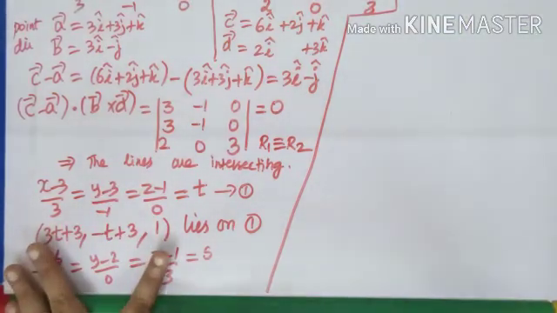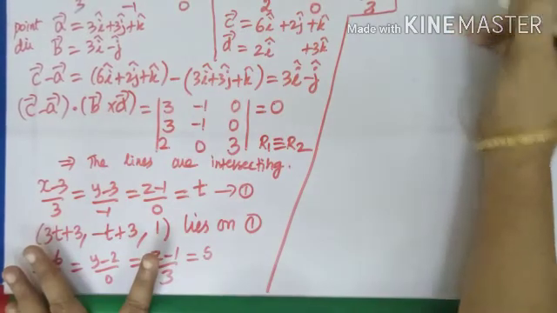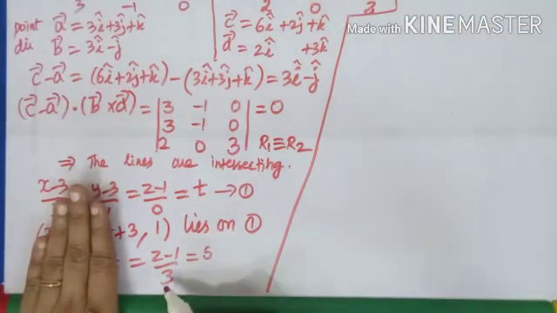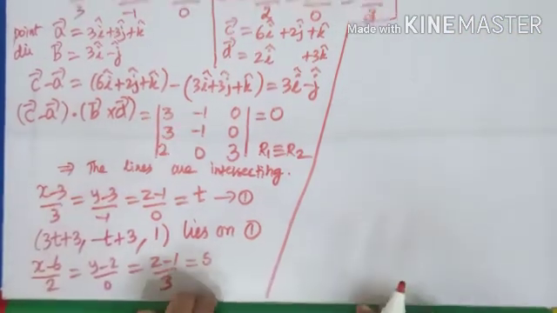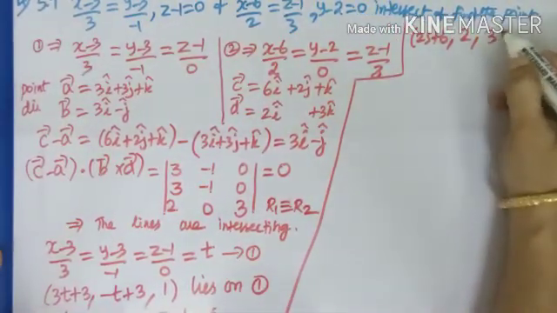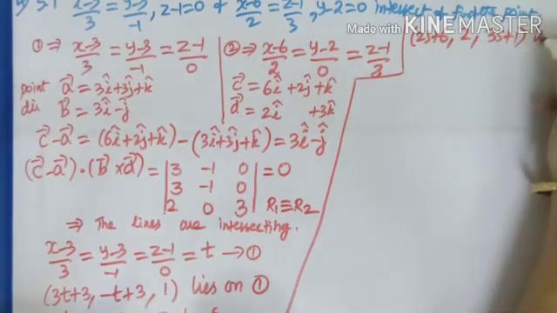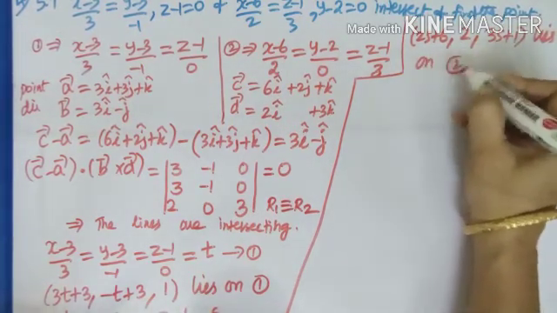Hide x and z: 0s plus 2, or simply 2. Hide x and y: 3s plus 1. So the point on the second line is (2s plus 6, 2, 3s plus 1), which lies on line 2.